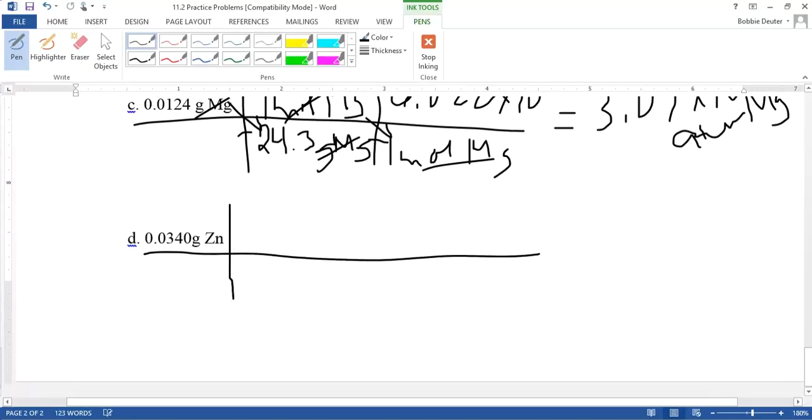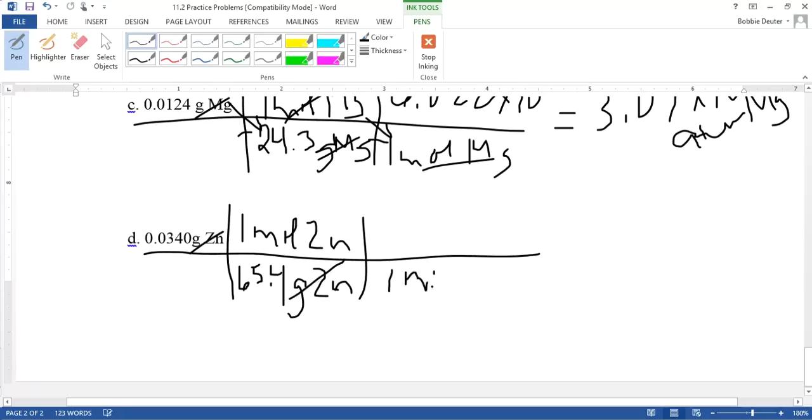All right, so let's do our last one. Again, grams of zinc, so we got to find grams of Zn. Look at our periodic table. It's going to be 65.4. We're going to put 1 mole of Zn up top. Again, canceling those labels out, noticing a trend here. 1 mole goes on the bottom.